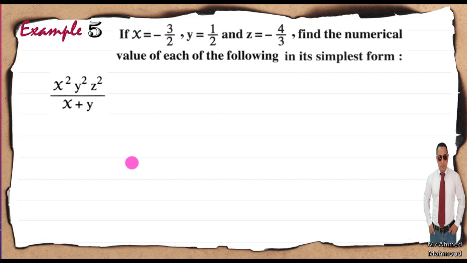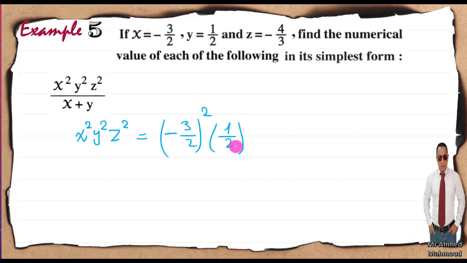Okay, now I'm going to evaluate this one, x power of 2, y power of 2, z power of 2 equal negative 3 over 2 all power of 2 times 1 over 2 power of 2 times negative 4 over 3 power of 2.